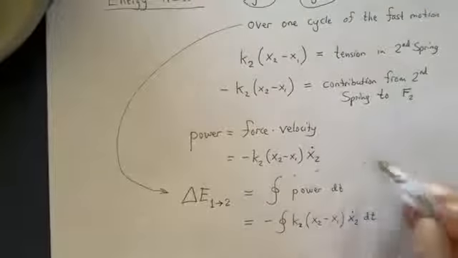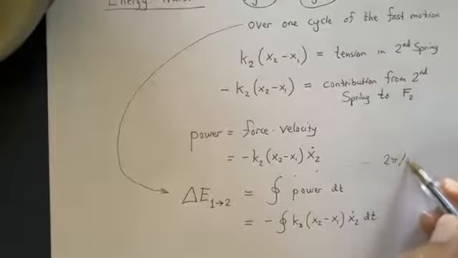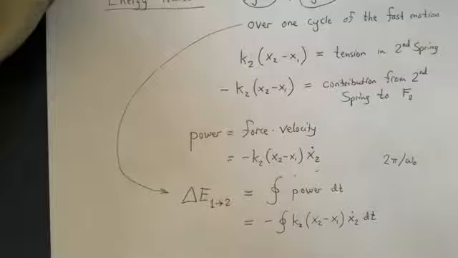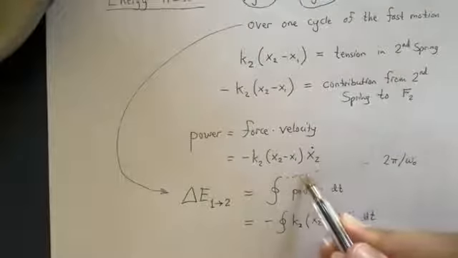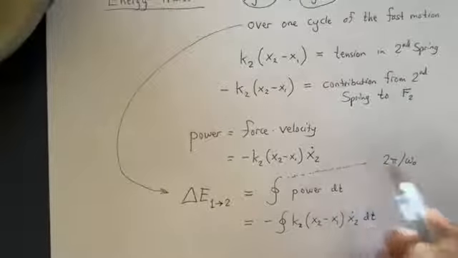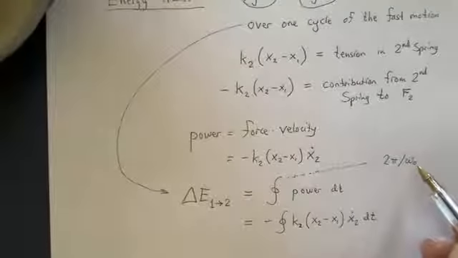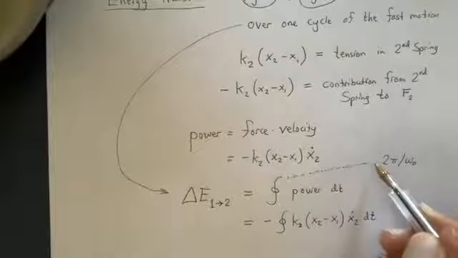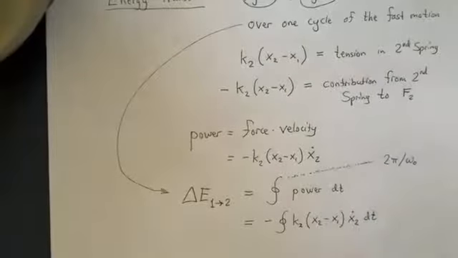Remember, one cycle is 2 pi. The time duration is 2 pi over omega naught. So that's one cycle. And you can go from 0 to 2 pi over omega naught. You can go from minus pi over omega naught to plus pi over omega naught, doesn't matter, as long as you integrate over one cycle.